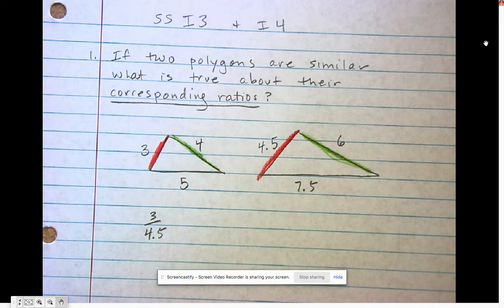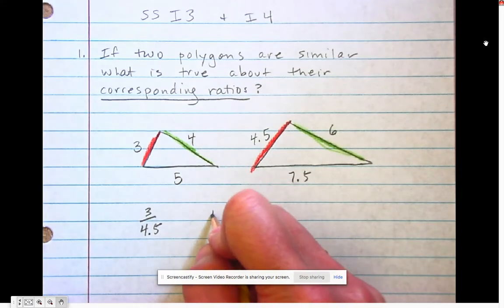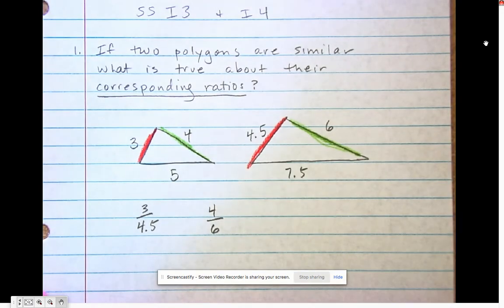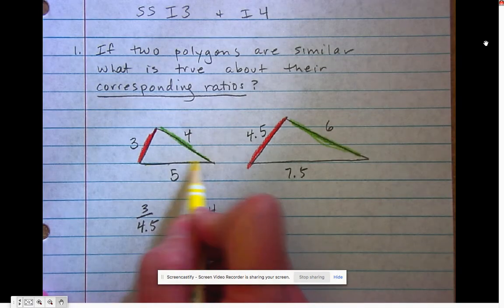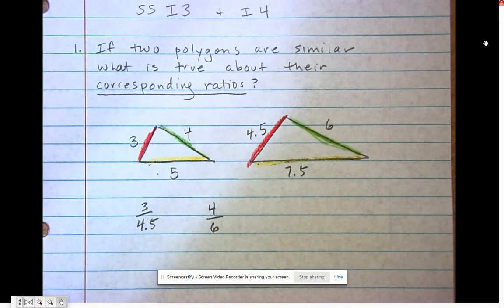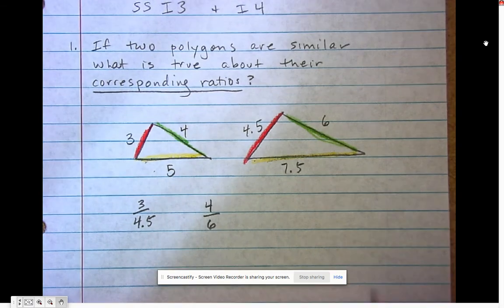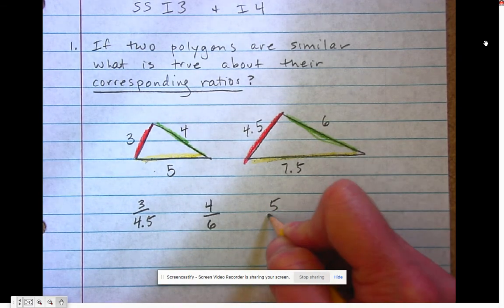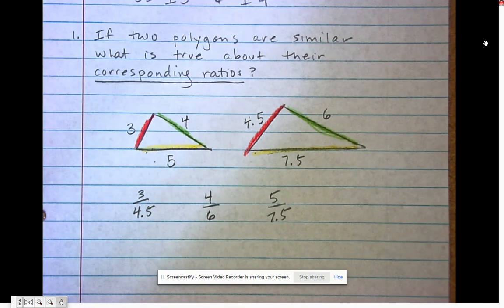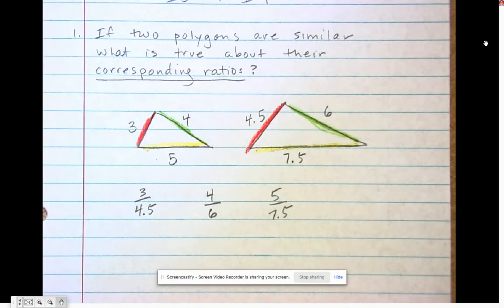So what's the ratio of that? That's 4 to 6. Okay, and then our last corresponding side, let's take this side right here and this side right here and write that as a ratio of 5 to 7.5. Okay, and what's true about each of these ratios?